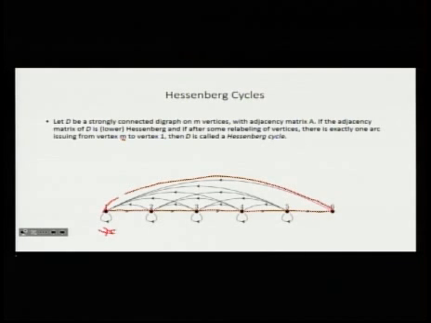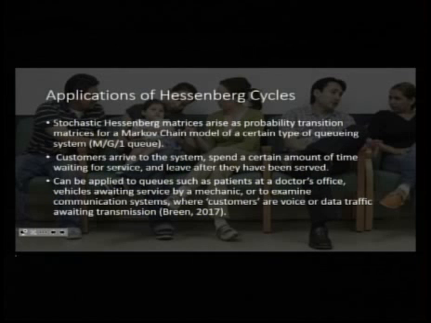Why should we care about this? Where do they come up? It turns out there are applications of these Hessenberg cycles. Stochastic Hessenberg matrices can arise as transition matrices for Markov chains that model certain types of queuing. There's a queuing system called MG1, and maybe we'll look at that later in the semester.